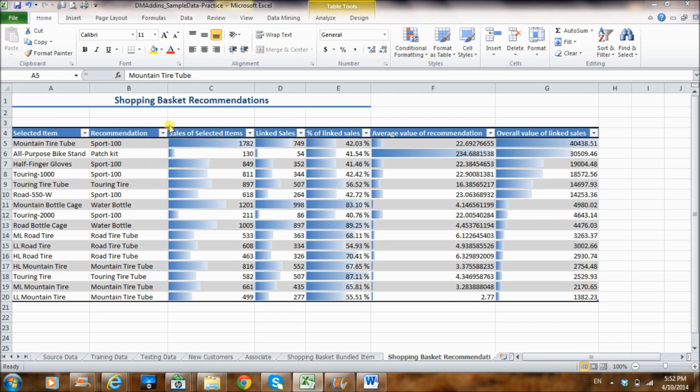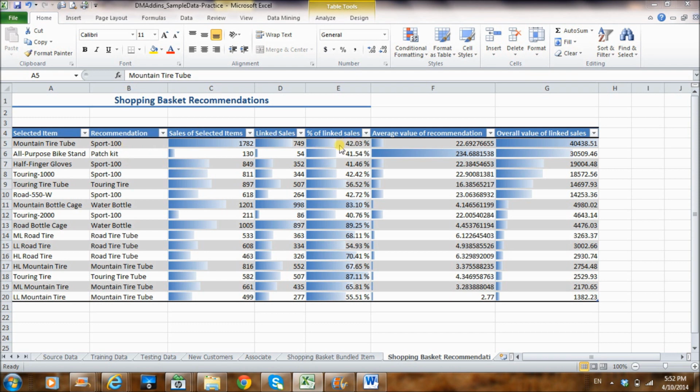So what this number means, sales of selected items, is the number of transactions containing selected items. So out of all the transactions shown in the associate table, 1,782 transactions contain mountain tire tube. Out of those 1,782 transactions, 749 transactions include Sport 100.